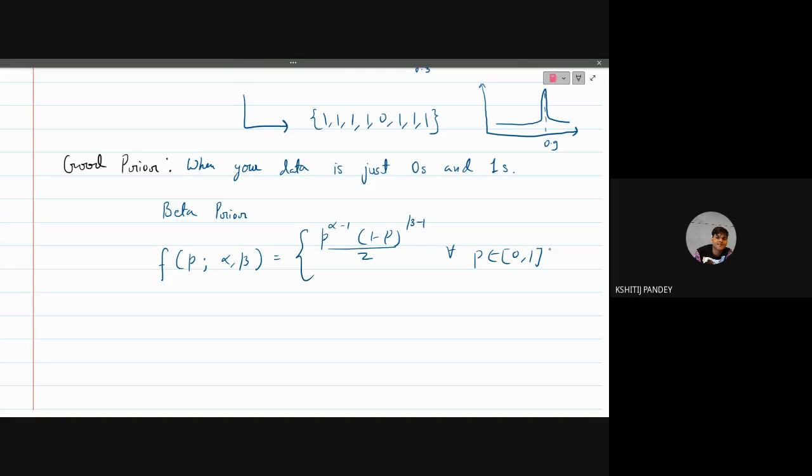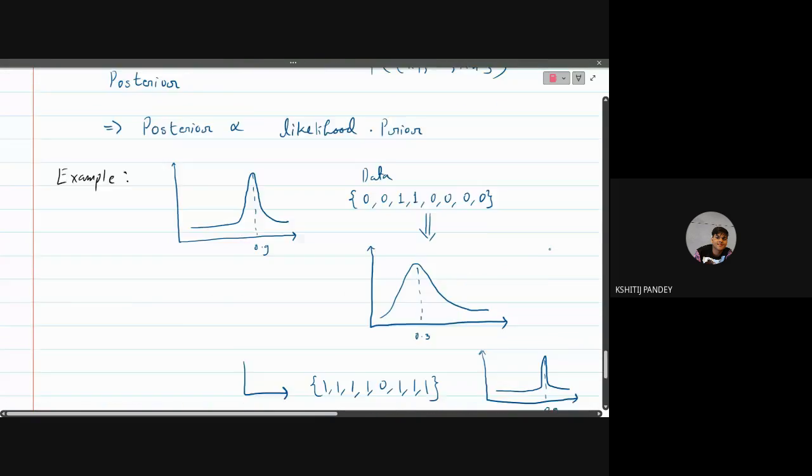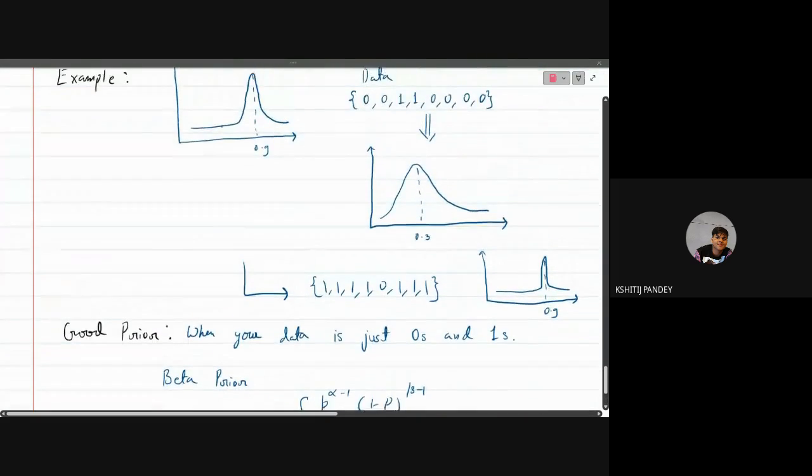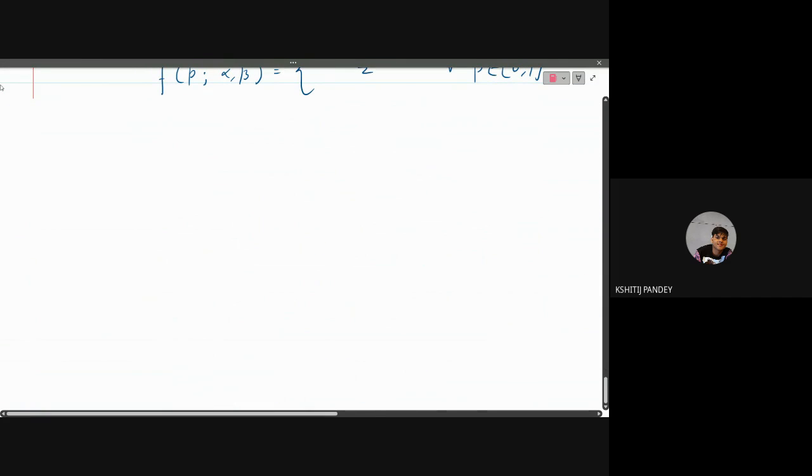So now let's look at the Bayesian estimation again using this beta prior. Okay. So here you have to find the probability of theta given the data.